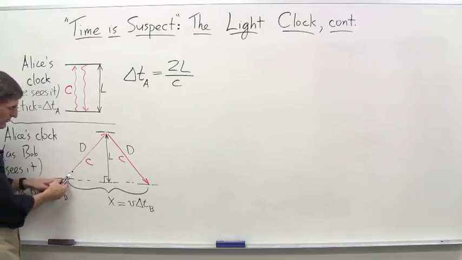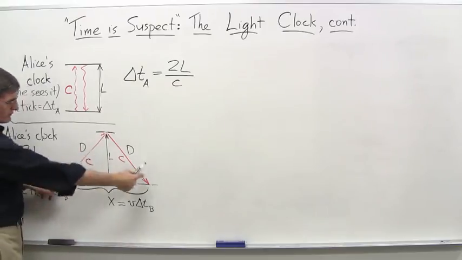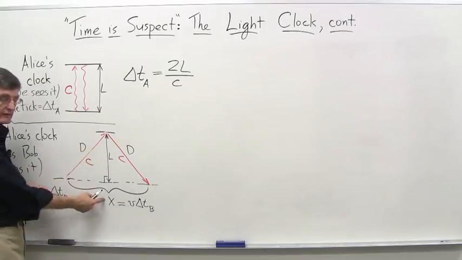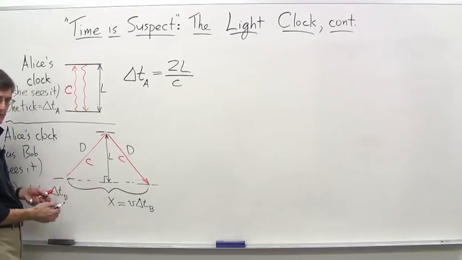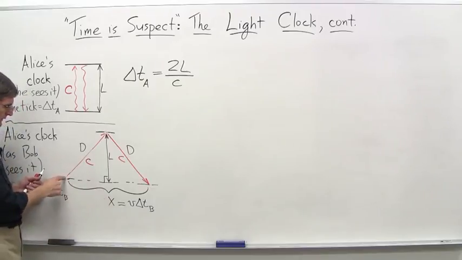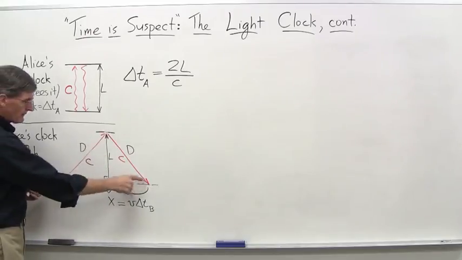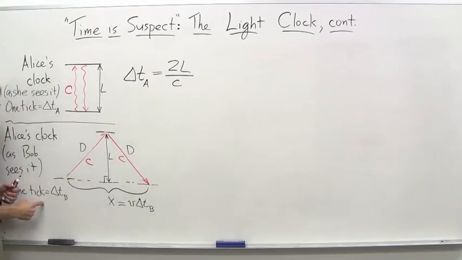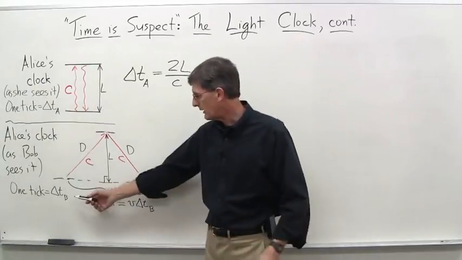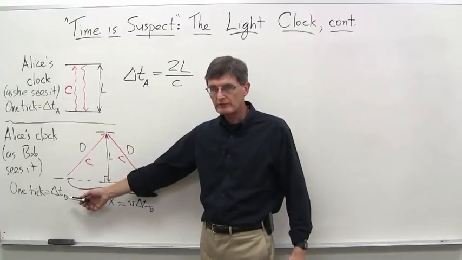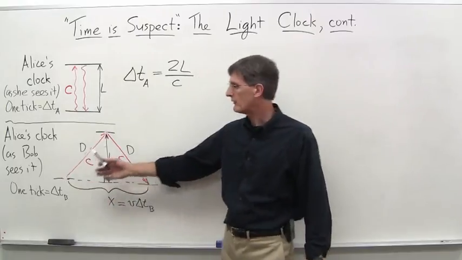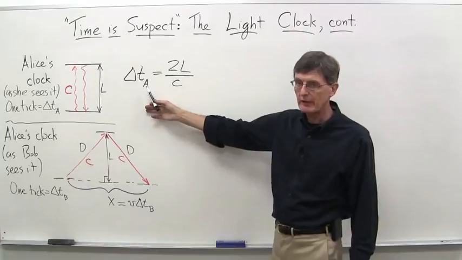And then finally, the bottom of this whole sort of triangle we've got here, we'll call it X. What is X? Well, think about this a minute. The round trip time is up and back down again. By definition, we're calling that delta T sub B. One tick of Alice's clock, according to Bob, is going to be delta T sub B. One tick of Alice's clock, according to Alice, is delta T sub A.